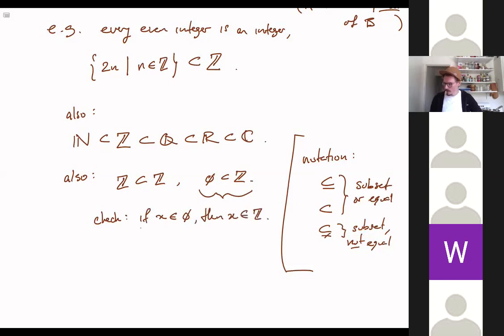So this part, it's always false. The empty set has no elements. And what do we know about false implies anything? That is always a true proposition, right? So this is an example of the thing we were talking about as vacuously true.